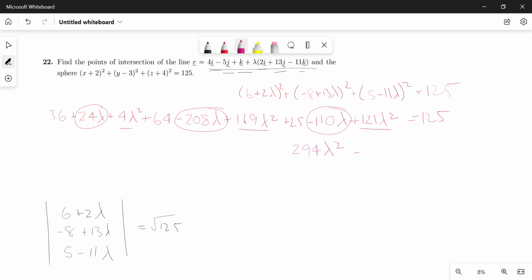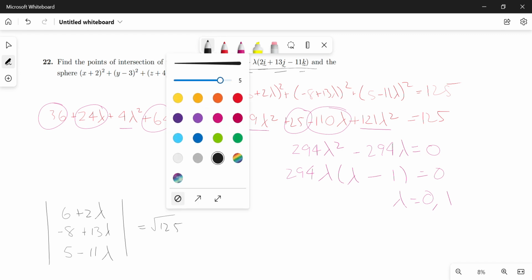So we've got negative 294 lambda, which works out nicely. If we look at our constants, we've got 36, 64, 25, which does give us the 125, which is on the other side as well. So that cancels and we get a 0. So let's factorize, and we can see then that lambda could be 0 or 1 to make this work. So let's try lambda equals 0 and then lambda equals 1.